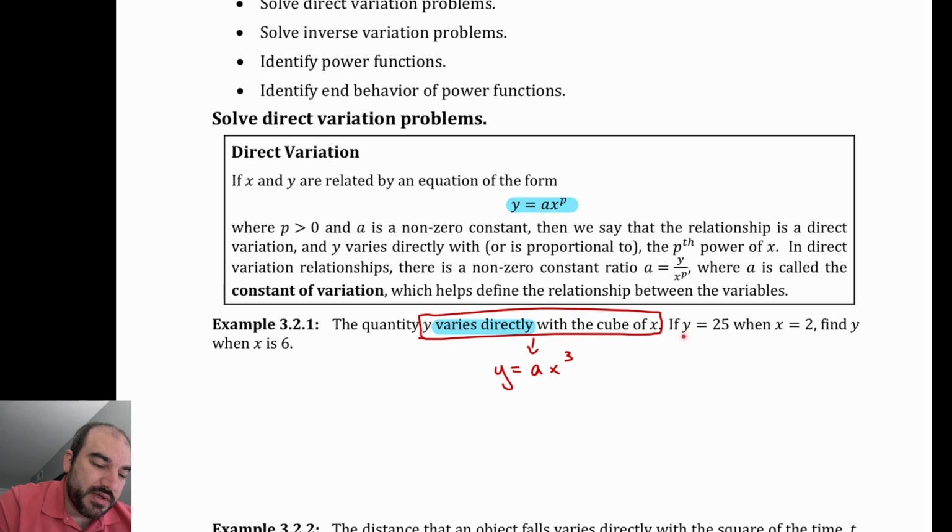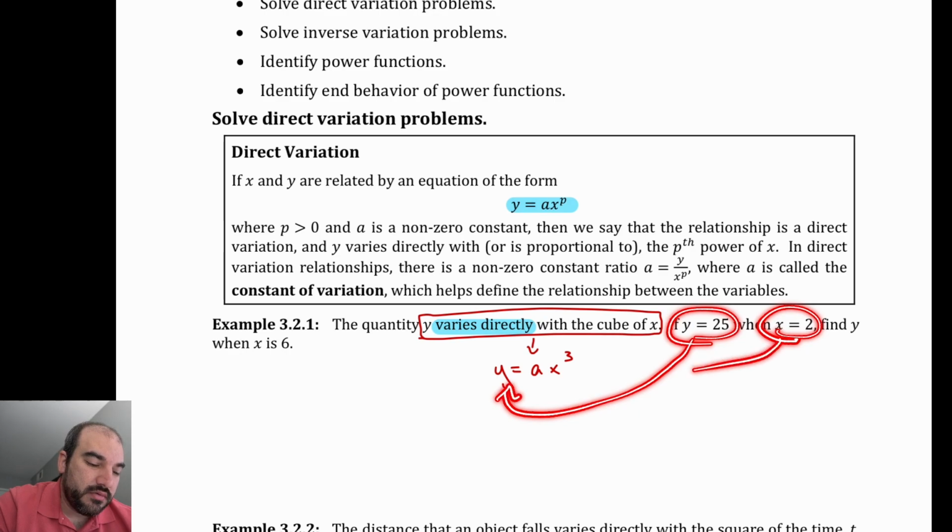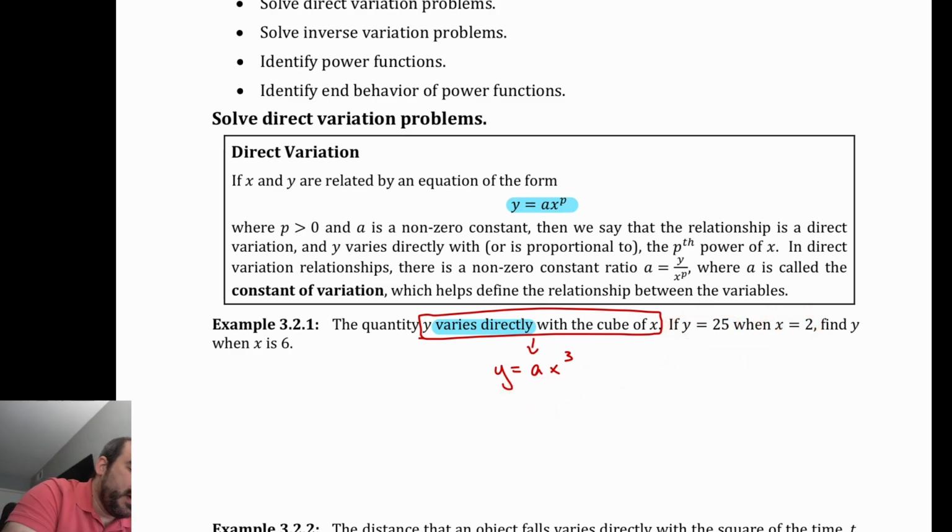And then we can use some initial conditions, like if y is equal to 25 when x is equal to 2, we can take those two things and plug them in to x and y. And then the only thing we won't have there is the a, right? We can use these to find a.